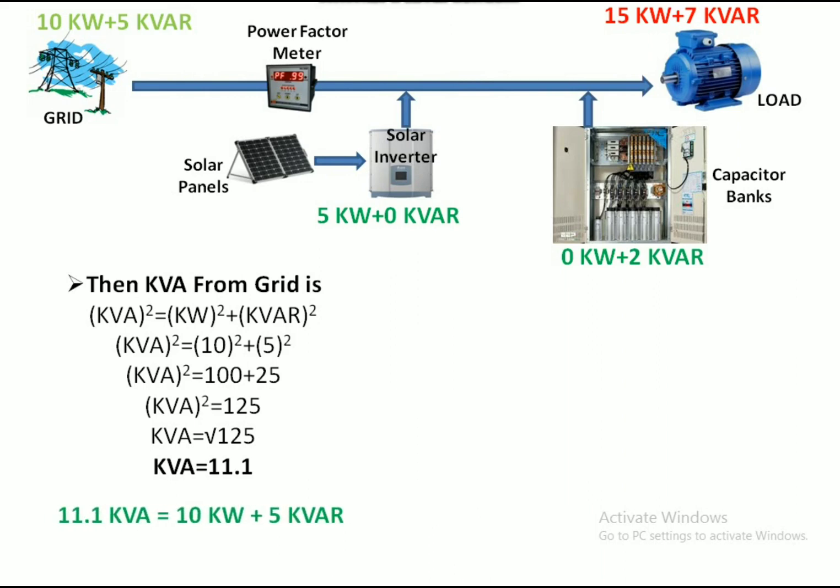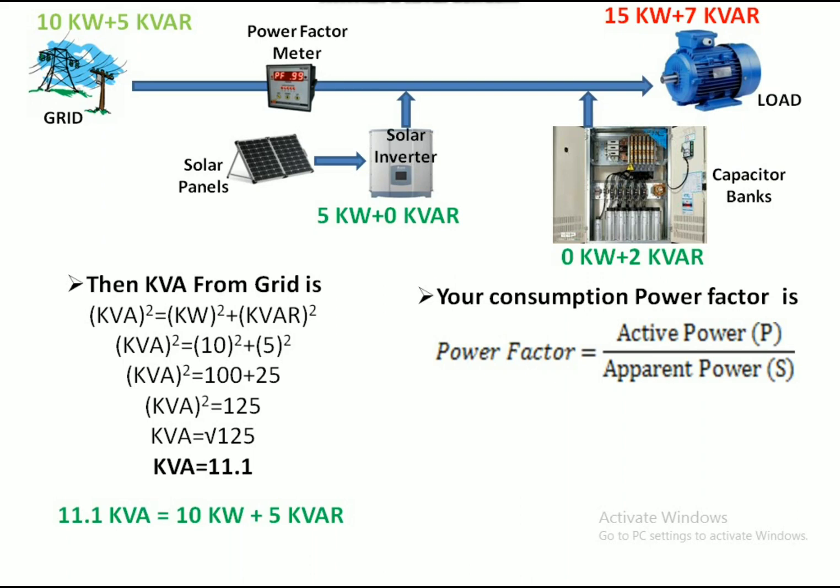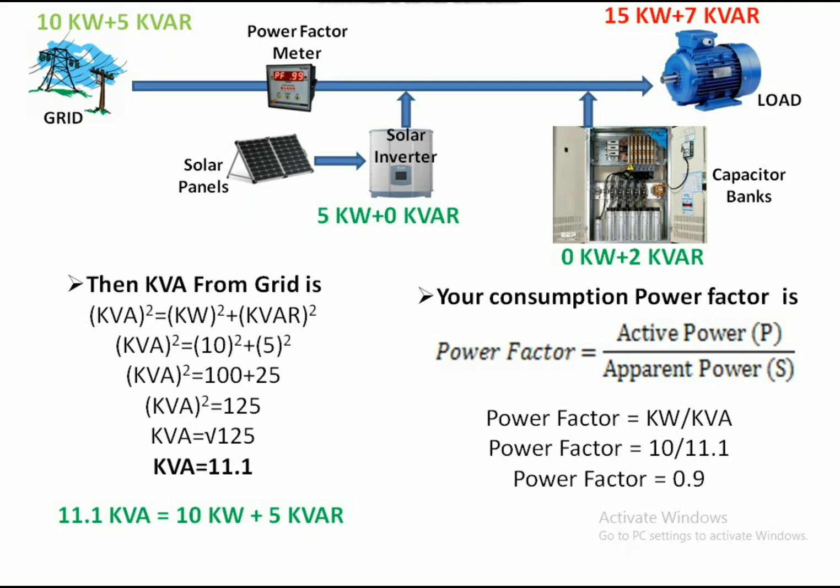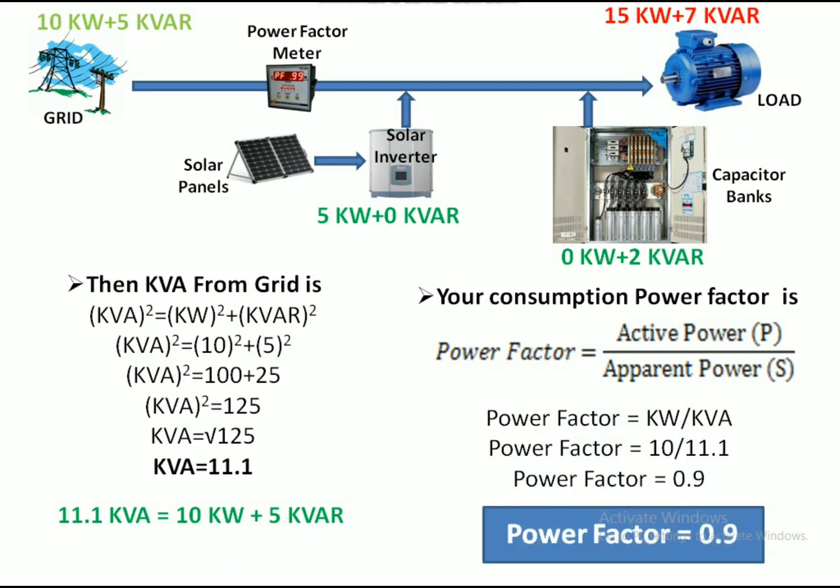So after installing the capacitor bank, apparent power consumption from the grid is 11.1 kVA. Power factor is equal to active power divided by apparent power, so 10 kW divided by 11.1 kVA, which is 0.9. So for this case the power factor of the system is 0.9.